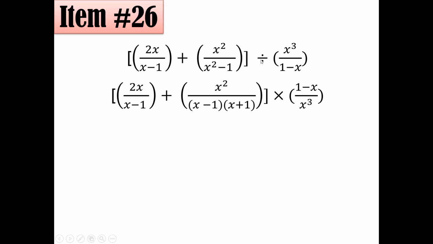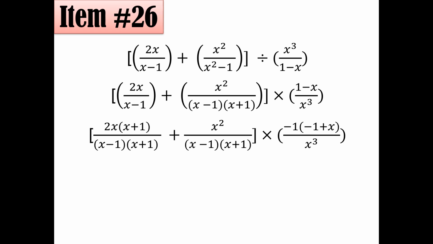And take note, ha, if you are dividing by this, it's the same thing when you are multiplying with its reciprocal, which is 1 minus x all over x cubed. Okay? Ano nangyari? Next is, dito kasi, notice nyo, x minus 1 at saka ito naman x squared, x minus 1, x plus 1.